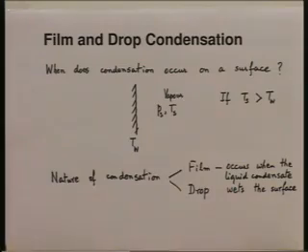The surface tension between the liquid and the solid is such that the liquid condensate wets the surface. When that happens, film condensation occurs, and the word film is descriptive enough. It means that the vapor on condensing forms some kind of a film on that solid surface. That is why we call it film condensation.